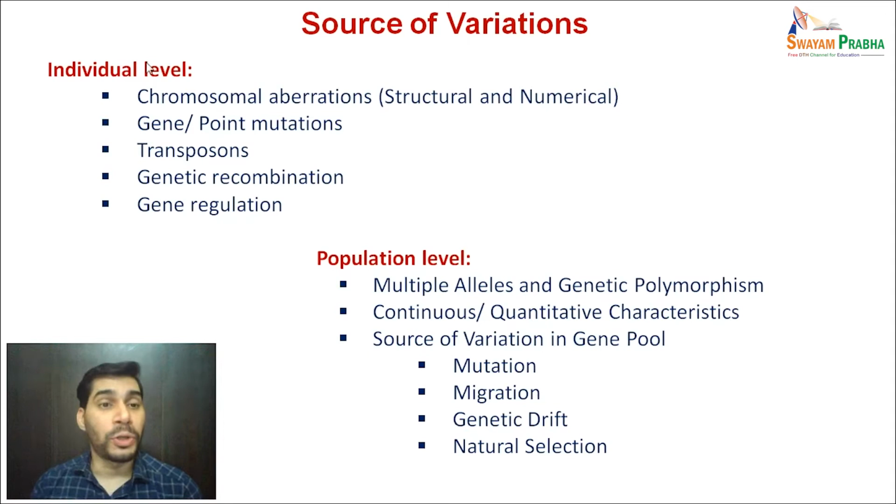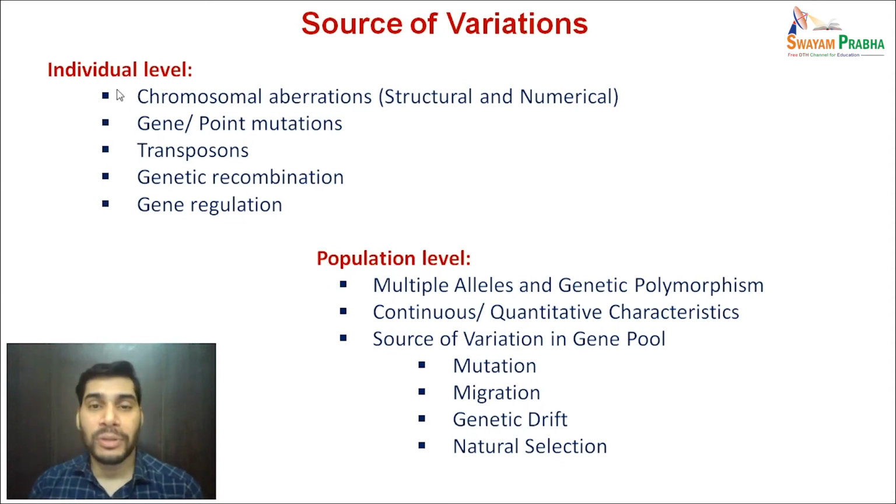So if you are talking about a variation which exists within the individual, there can be these many types. Whereas if you talk about population level variation, there can be a different set of reasons or causes of variations. Let us discuss them one by one.